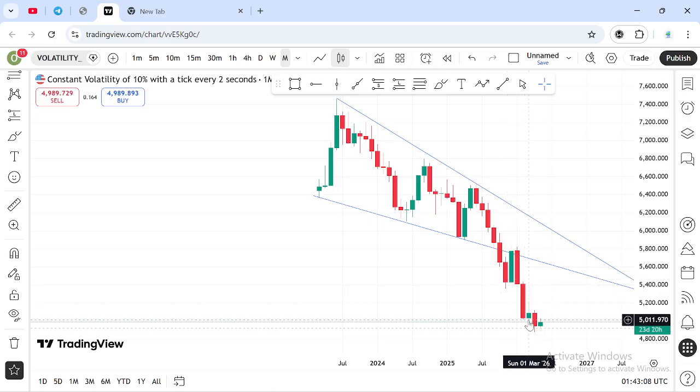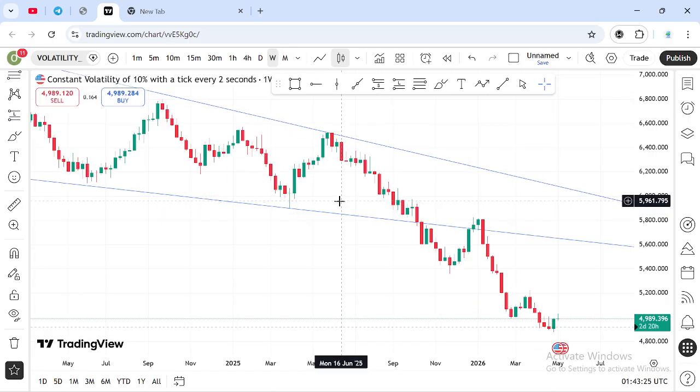It's the same thing that is being formed here. But when we get to the smaller time frame, we'll be able to see this. Now we'll go to the weekly time frame. Let's see what the weekly time frame has for us.